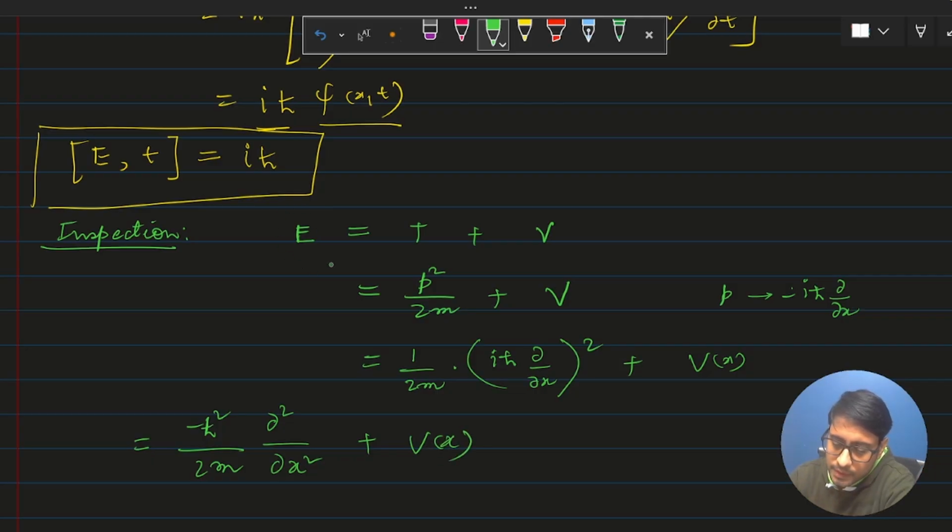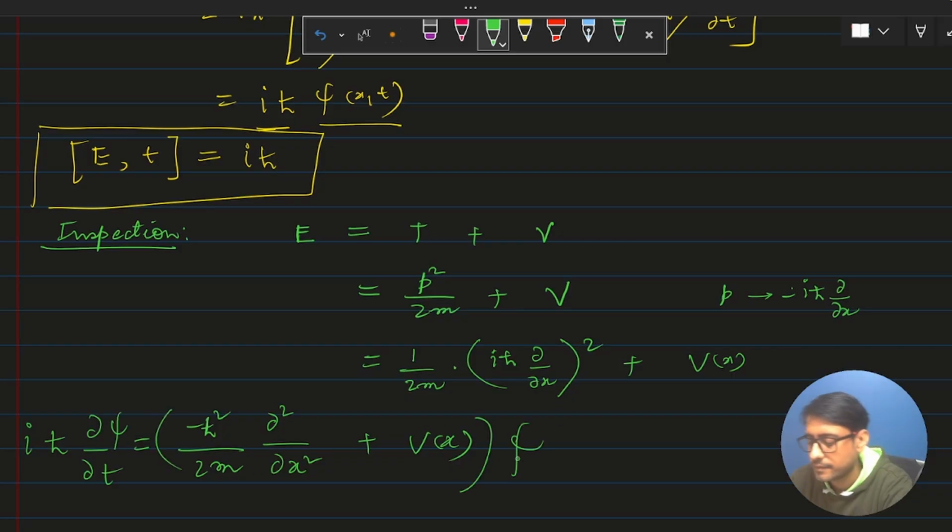And we will replace this energy by i h bar del over del t, and then we will apply the whole thing on the left and right to a wave function psi. So we are applying it on some wave function psi, which is obviously a function of position x and time.